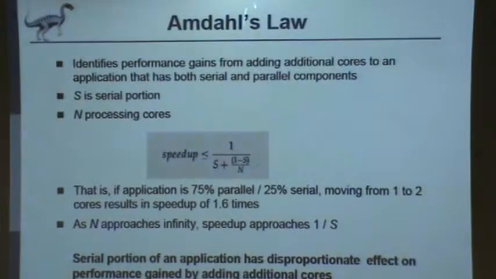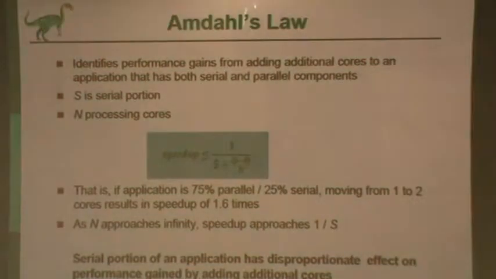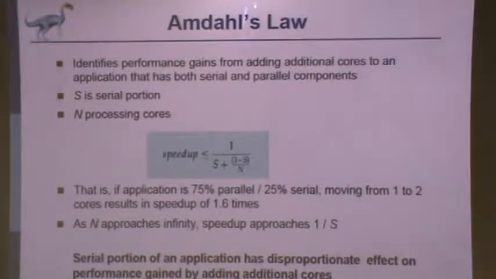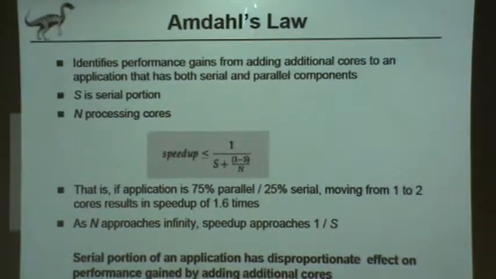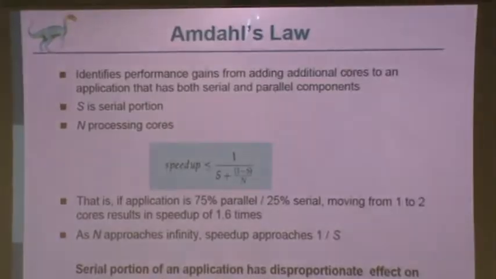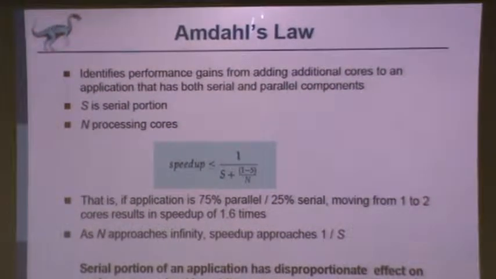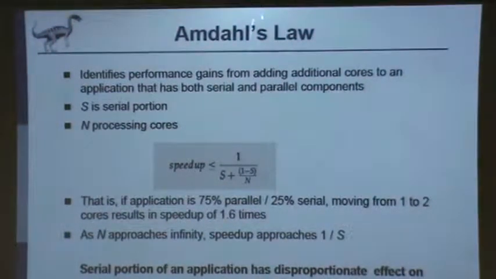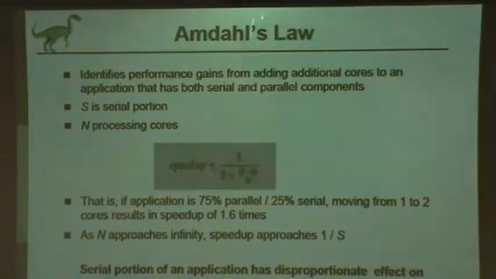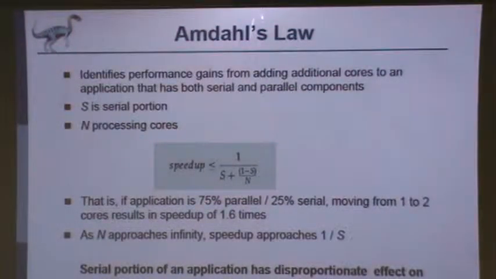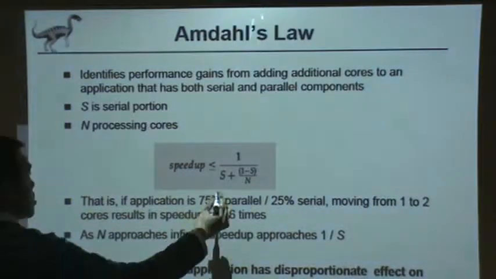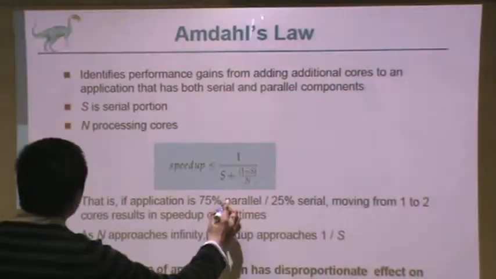Okay, how can we measure the benefits we get from threads? So this is the law, and we will see a different view of the concept. S is the serial portion, and N means the processing cores.